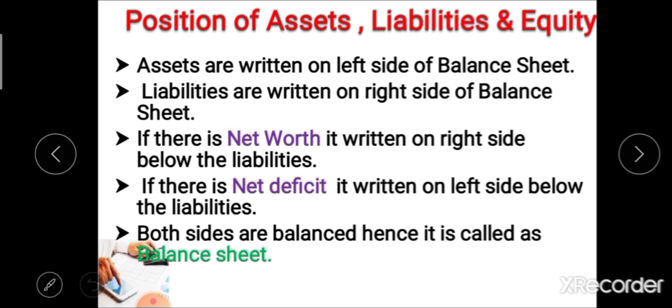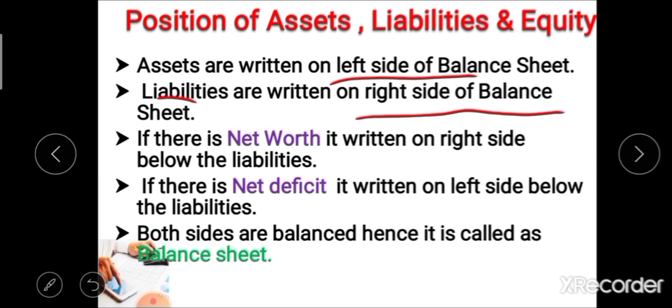Next point is the position of assets, liability and equity in a balance sheet. The position of these is fixed, so care must be taken while preparing a balance sheet. Assets are always written on the left side of the balance sheet, whereas liabilities are written on the right side.